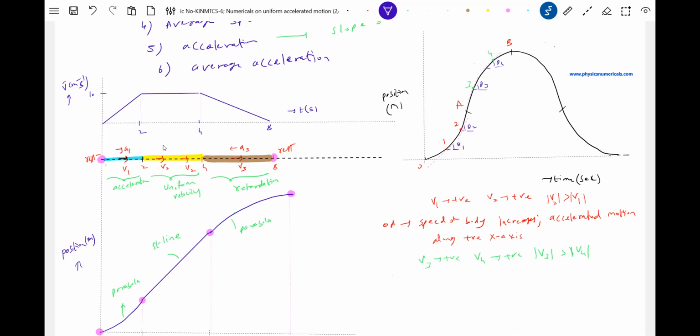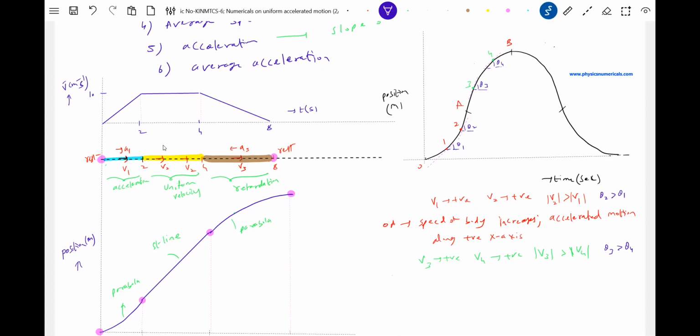Theta 2 will be greater than theta 1. Agreed? Similarly here, theta 3 will be greater than theta 4. Therefore, the magnitude of slope decreases. The slope of the tangent drawn in the s-t graph gives velocity, so the speed of the particle is decreasing.